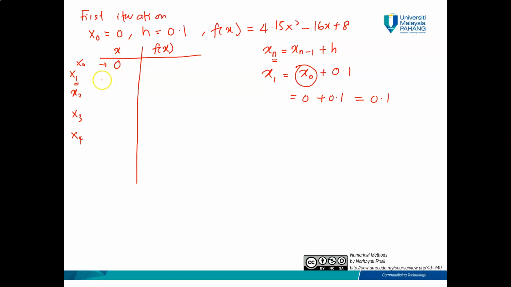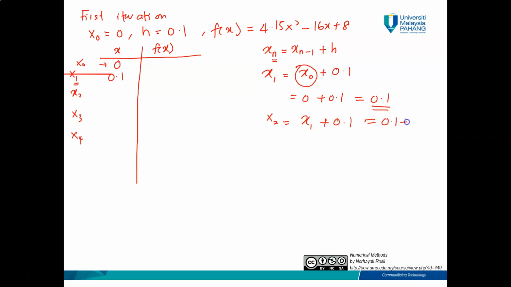So the x1 value here is 0.1, and then you can compute the next value, x2. x2 equals x1 plus 0.1, which is xn minus 1 plus h, and x1 is 0.1.